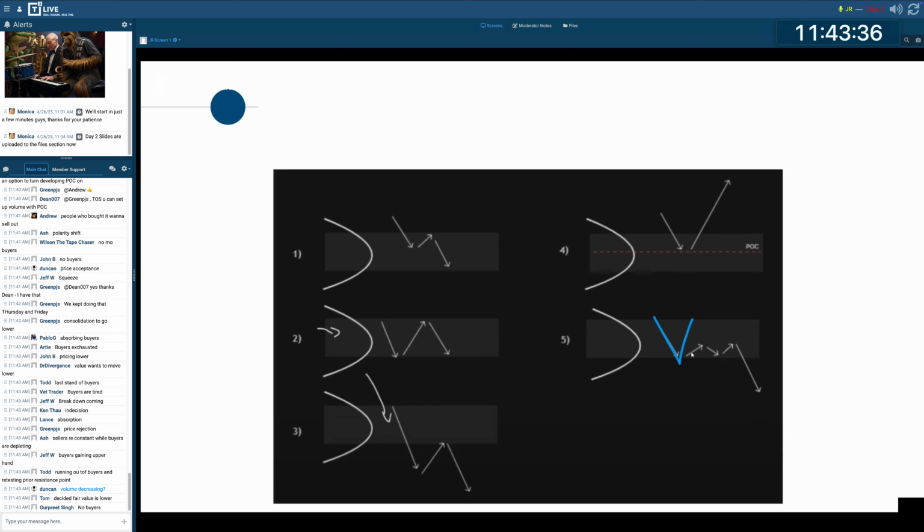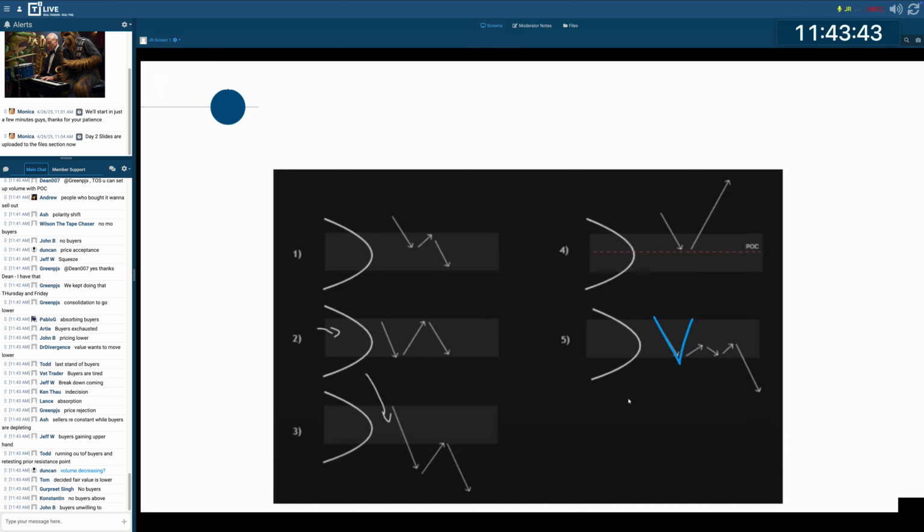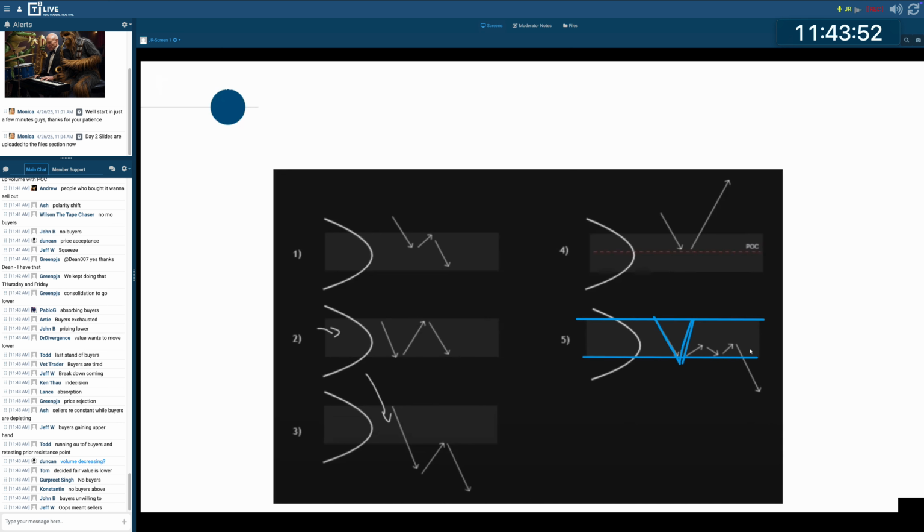Not enough buyers are finding fair value at value area low to rotate price back to seller fair value, or top of value or value area high, right? Make sense? This is a Kenny ledge, right?